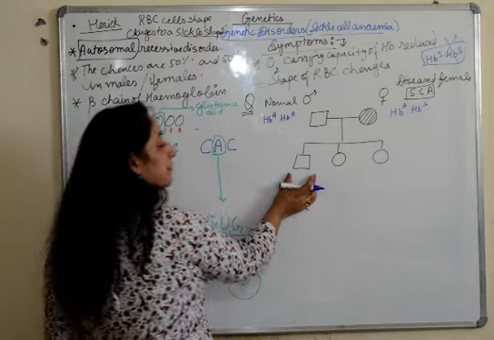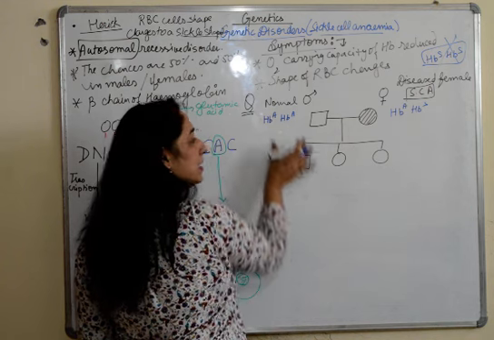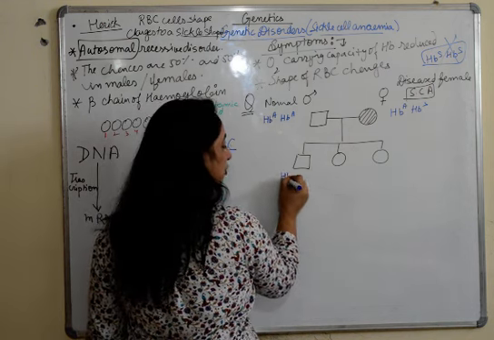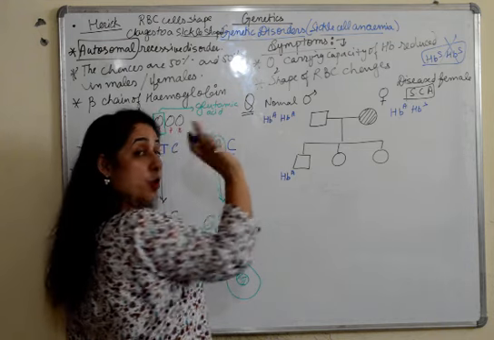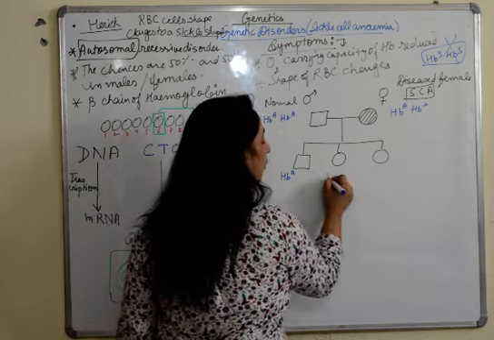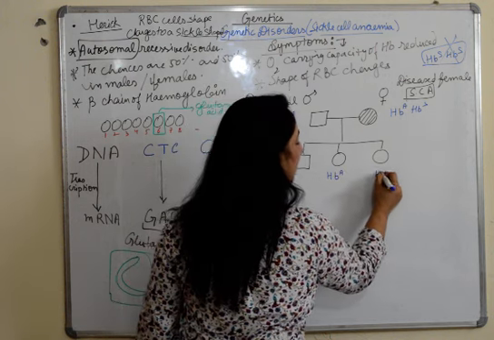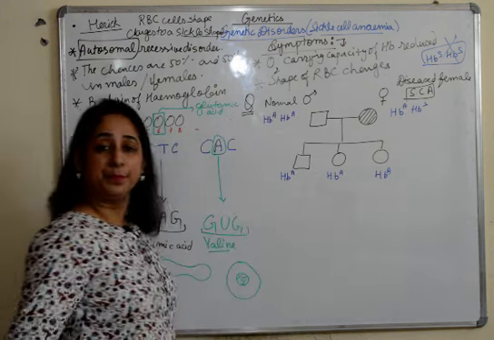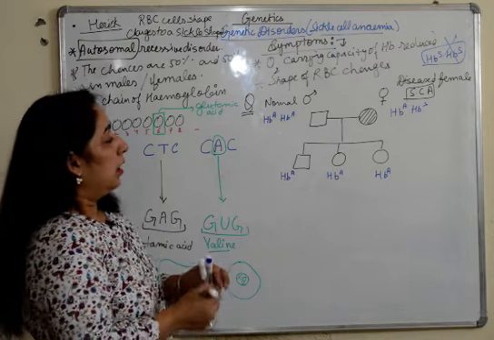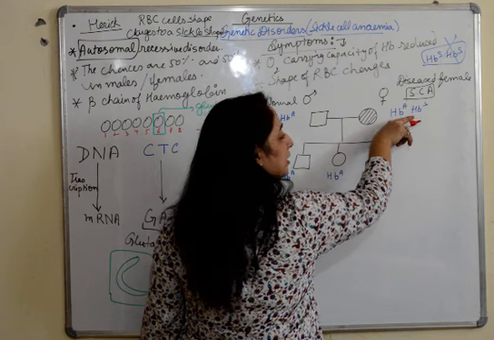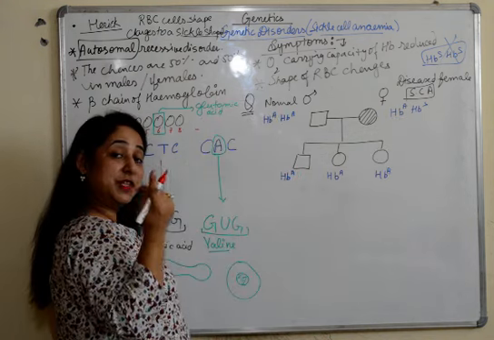Now it's a male child, so the male is going to get HbA from the father, and the father has only HbA, no S. So all the three of them are going to get HbA from the father. Fine, because there is nothing else to take. Female has HbA and HbS, so the conditions are different.